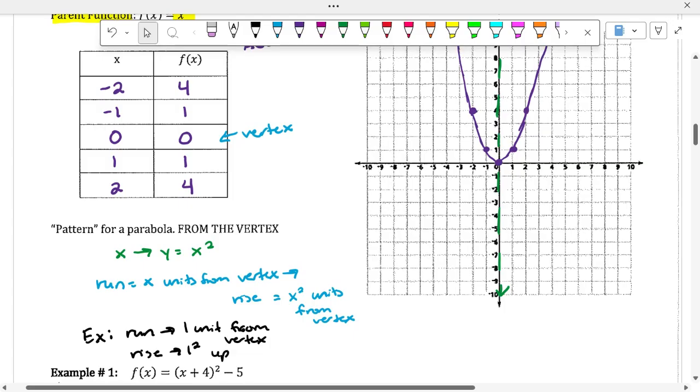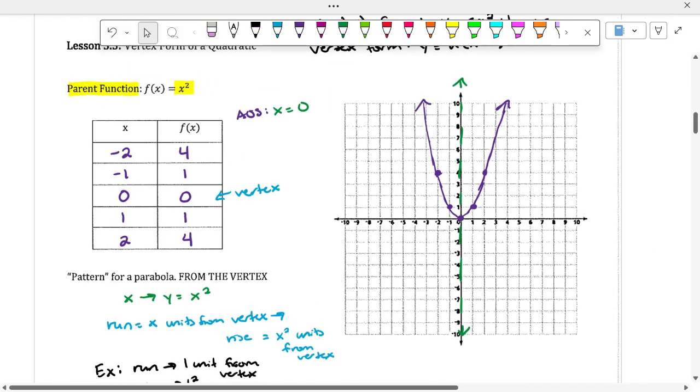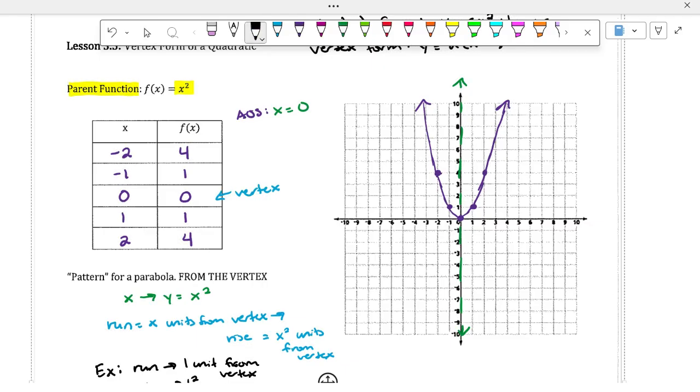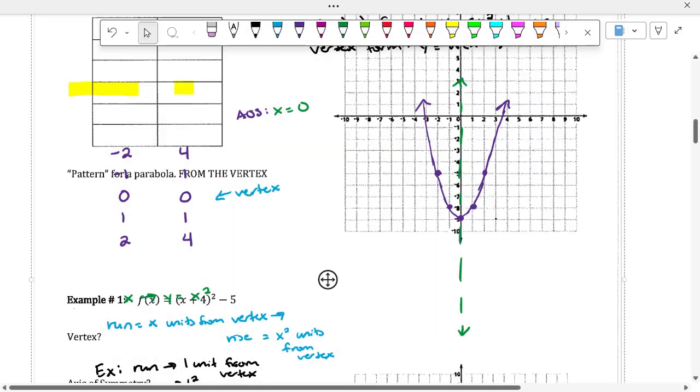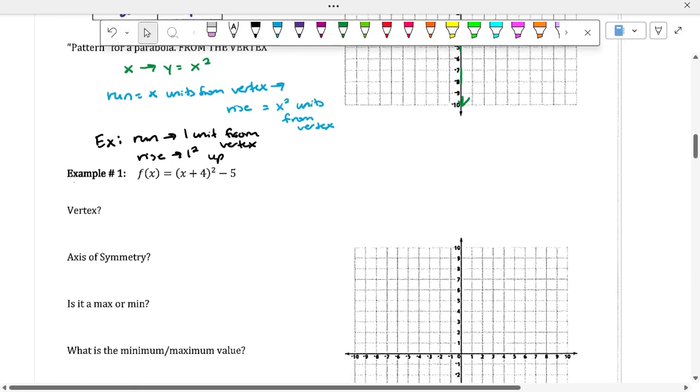So if I go 3 out, what would be my rise? So my run is 3. So my rise would be 3 squared. So that would be how many units up? Guys, what's 3 squared? 9. So it'd be 9 units up. All right. Now I didn't draw this graph perfectly, but that's where it would be.